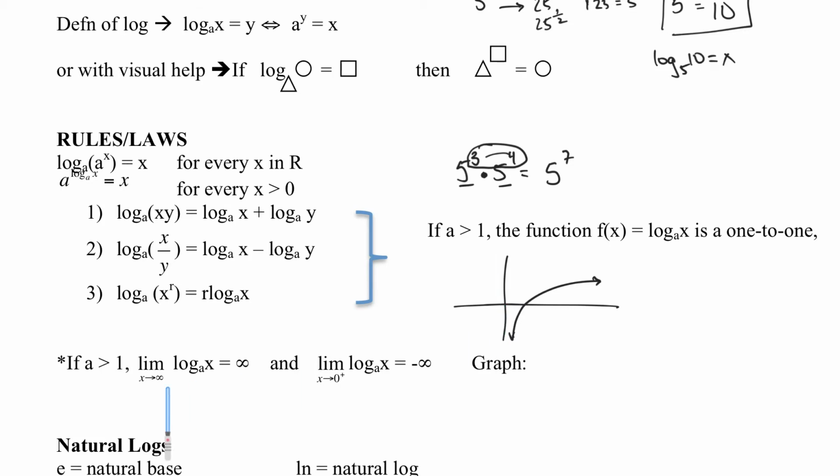So we can find the limits. The limit as x goes to infinity of log base a of x is equal to infinity, assuming a is greater than 1. If a is anything other than that, the graph will take on a different look. And the limit as x goes to 0 from the right of log base a of x equals negative infinity, which means as I get closer from the right side, it's going to go to negative infinity. That's the graph of it.